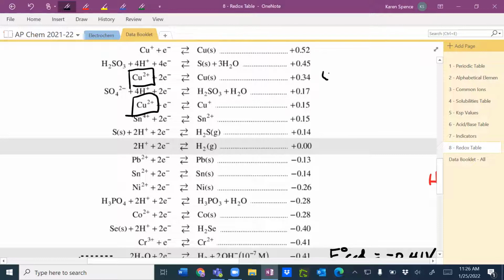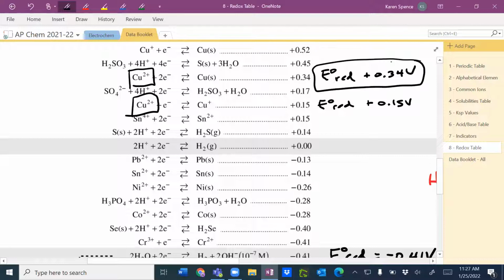Would we choose 0.34 volts? Or would we choose 0.15 volts? Always choose the more positive option or the less negative option.